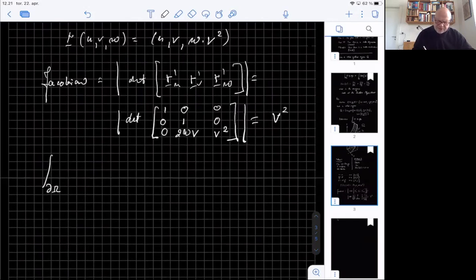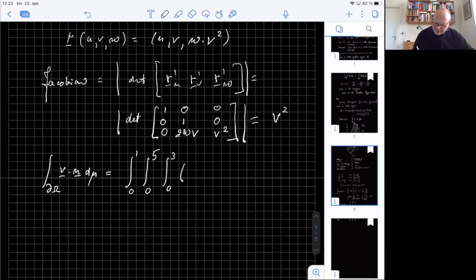So let's see. Now, instead of doing all these different surface integrals, I can do this triple integral. I integrate w from 0 to 1, v from 0 to 5, and u from 0 to 3.